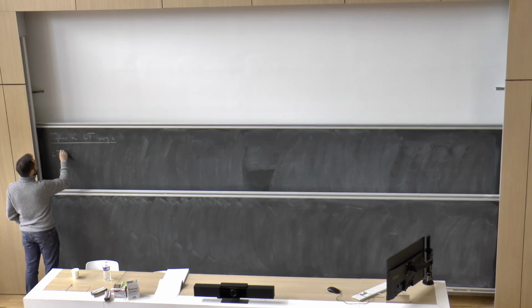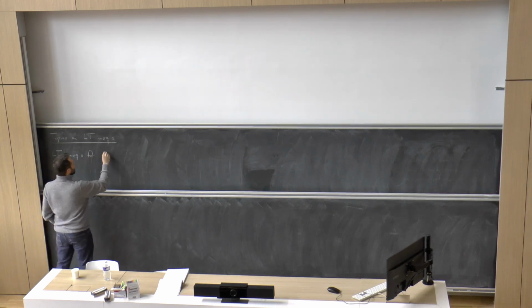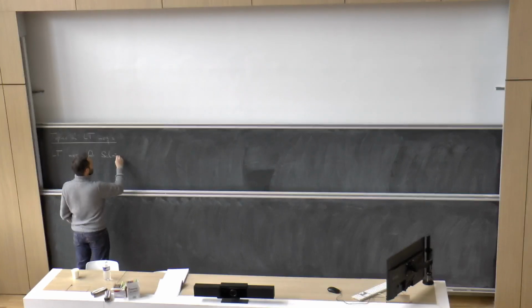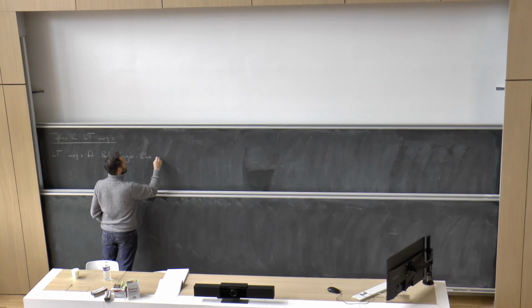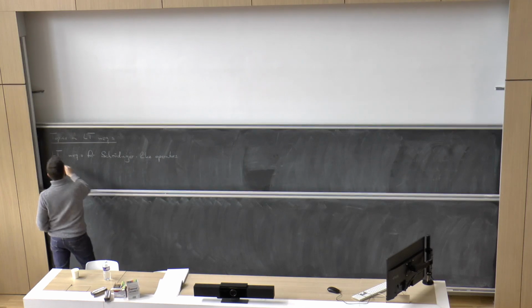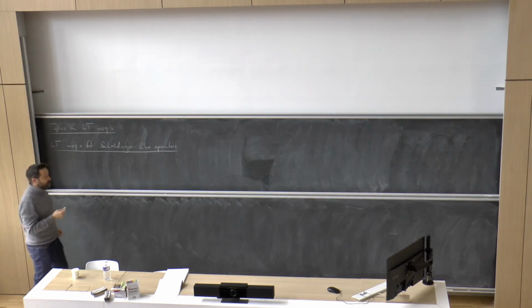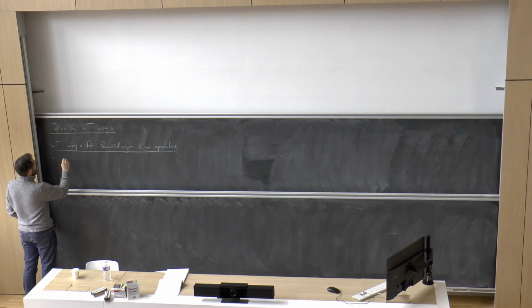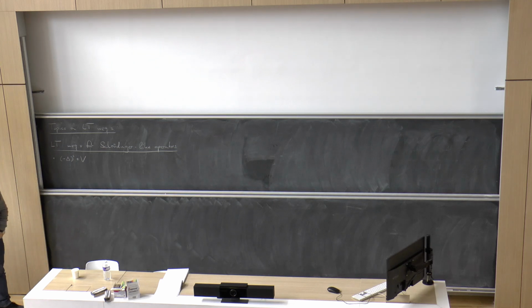So, one thing is Lieb-Thirring inequalities for, let me call it, Schrödinger-like operators. And so perhaps the simplest example is if you just raise the Laplacian to the power s.